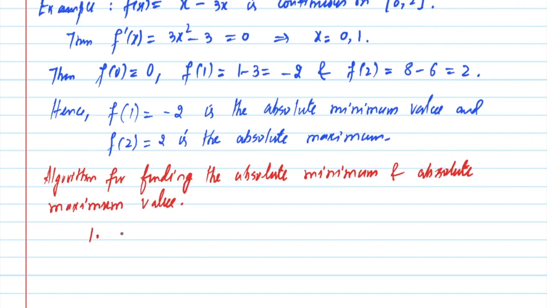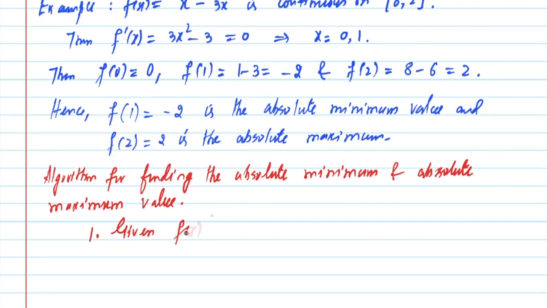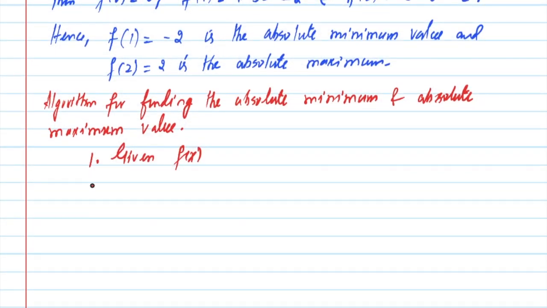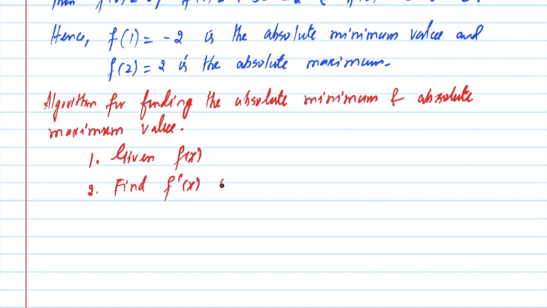The first step is given f of x. Now the second step is find f dash of x and equate f dash of x to 0. So given f of x on, suppose, the interval [a, b].